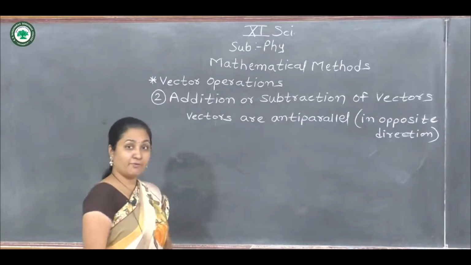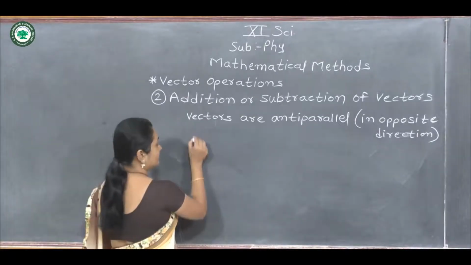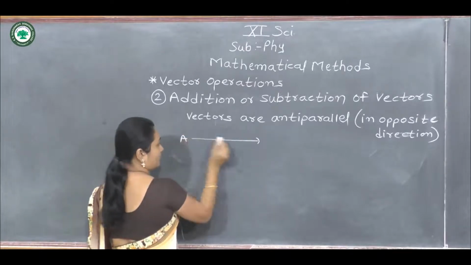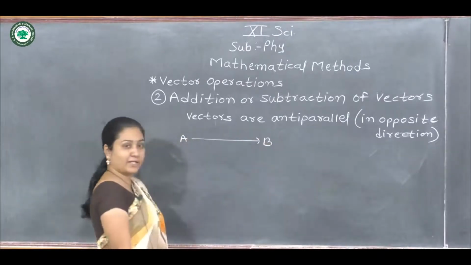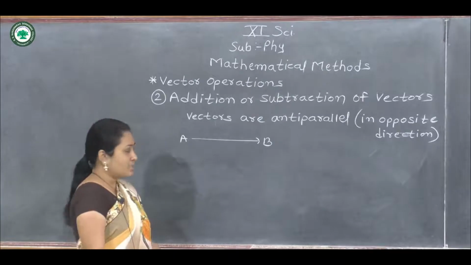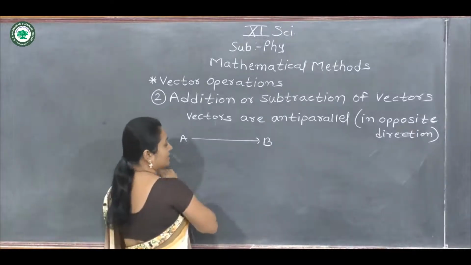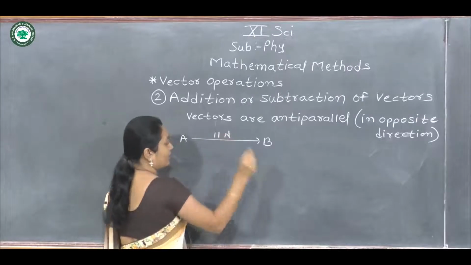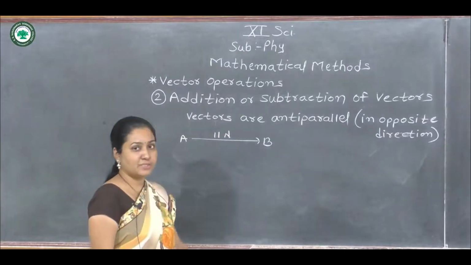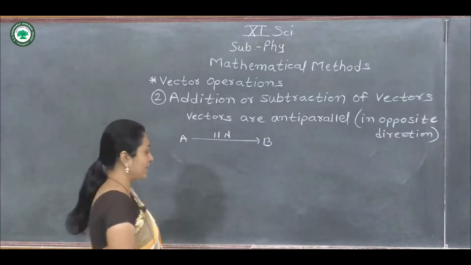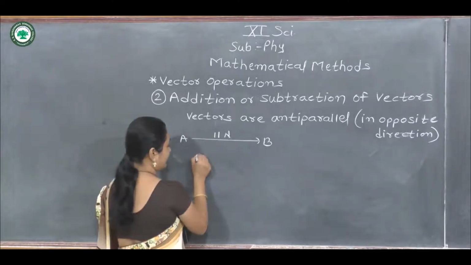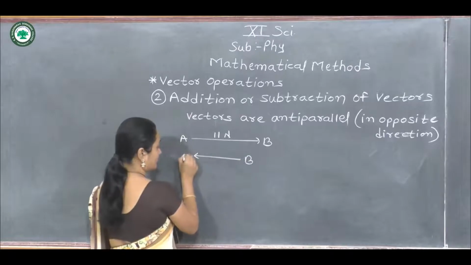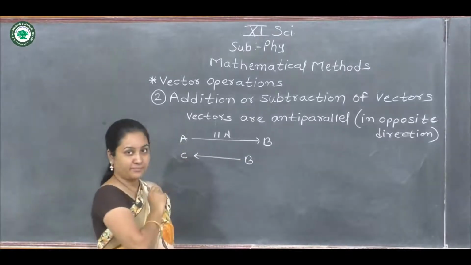So now we will consider here vectors. This is vector AB. Suppose this vector is 11 Newton. Newton means suppose these are the force vectors. Then second vector BC.